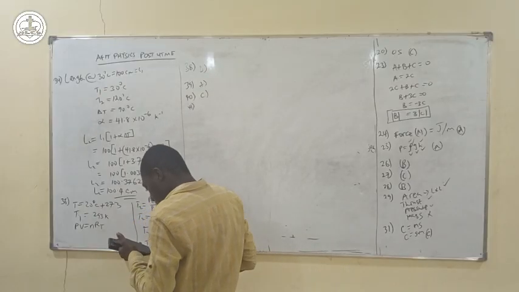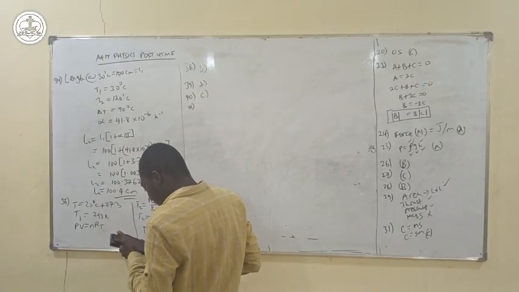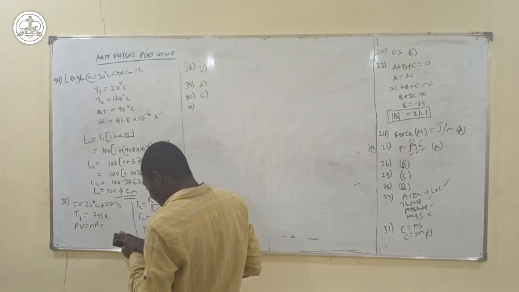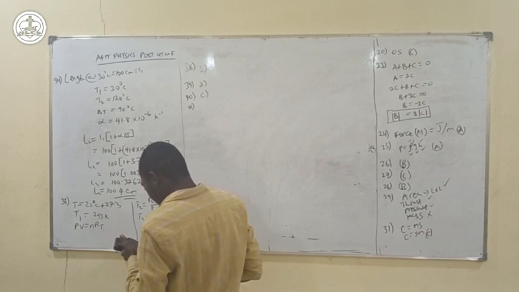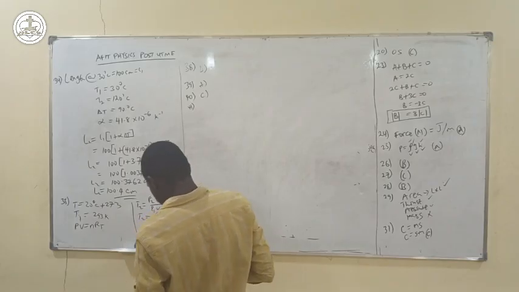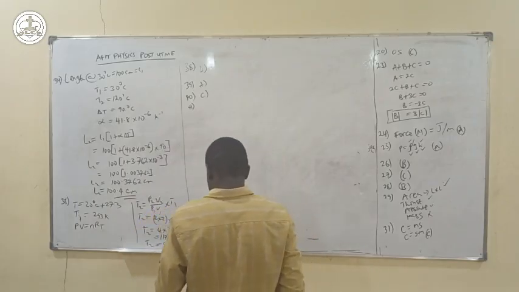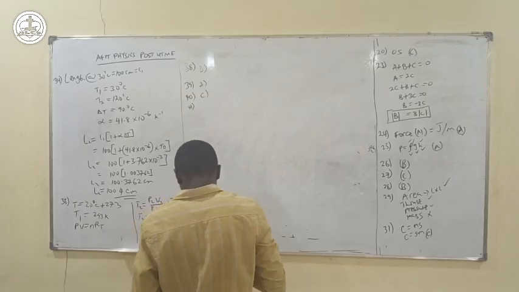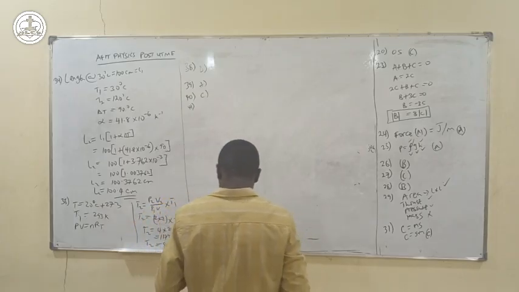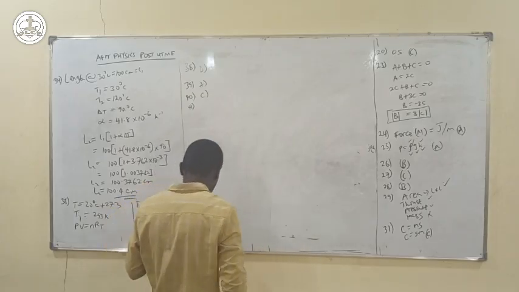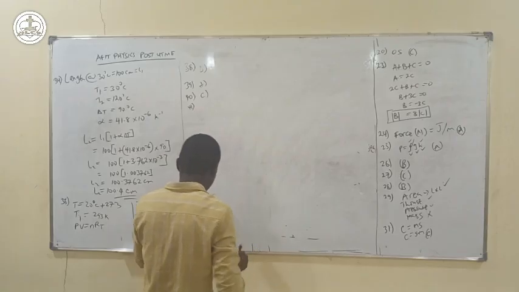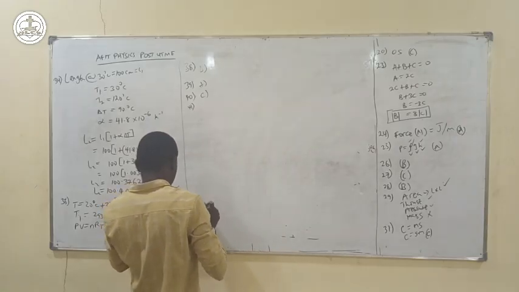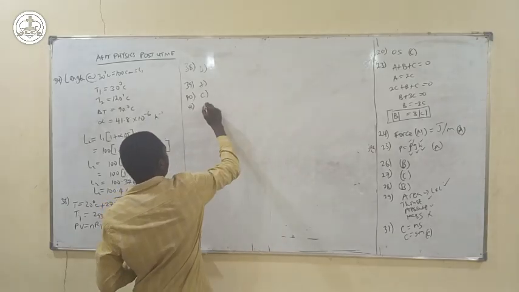Question 41. How many atmospheres of pressure must a liter of gas initially at a pressure of 1 atmosphere and temperature minus 20 degrees Celsius be after it has been compressed to half a liter at 40 degrees Celsius? Okay, so we use the ideal gas assumption.